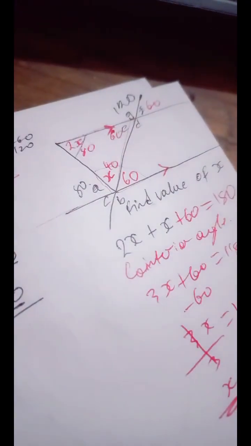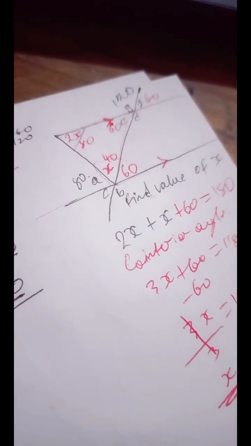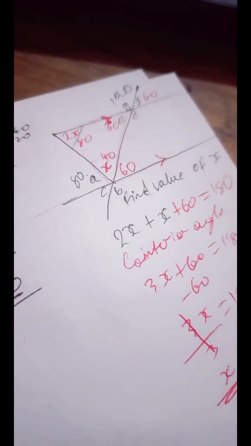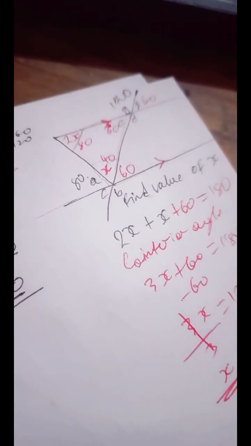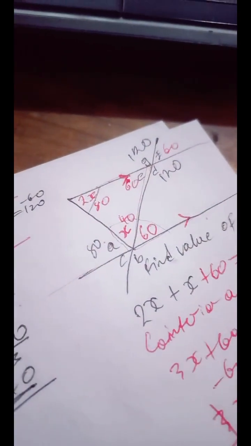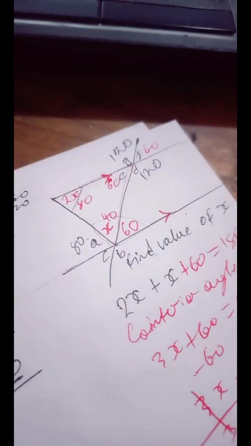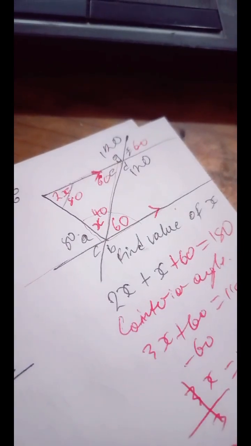How about D? D is 120, vertically opposite. Thank you.